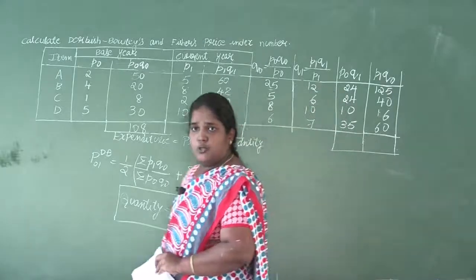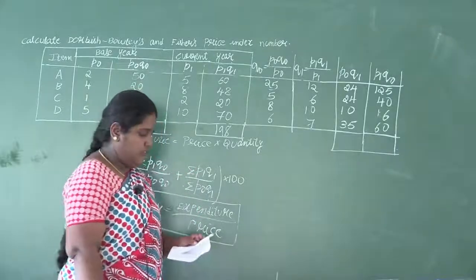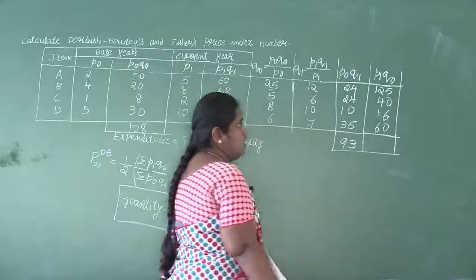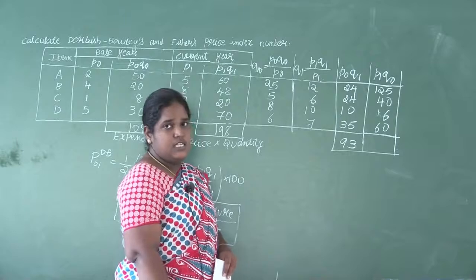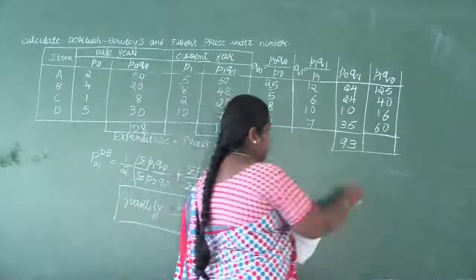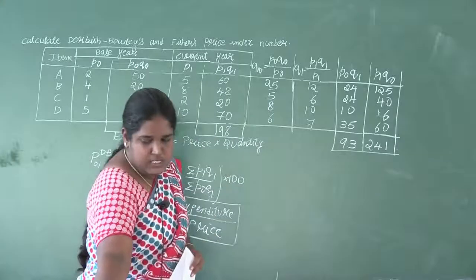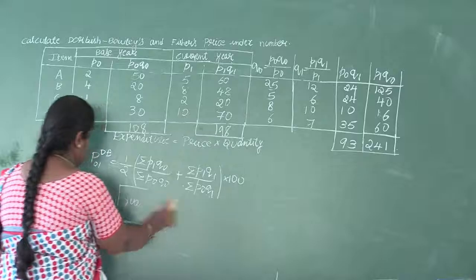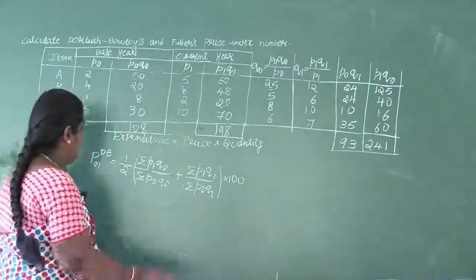Then the P0 Q1 total 24, 24, 10 and 35 gives 93. Then P1 Q0 125, 40, 16, 60 gives 241. Then we'll substitute this in the formula and find the value of Dorbish-Bowley's price index number.